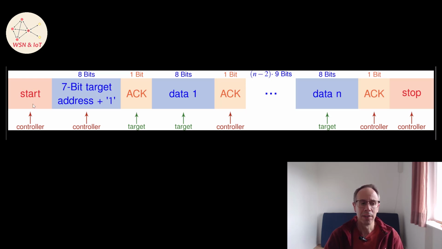The controller starts with the start condition. Then when it wants to read something out from the sensor, it sends the 7-bit address and a 1 at the 8th bit, or at the first bit actually, when you see it from the most significant bit first, and then we have our 8 bits being sent. So this is a read command.